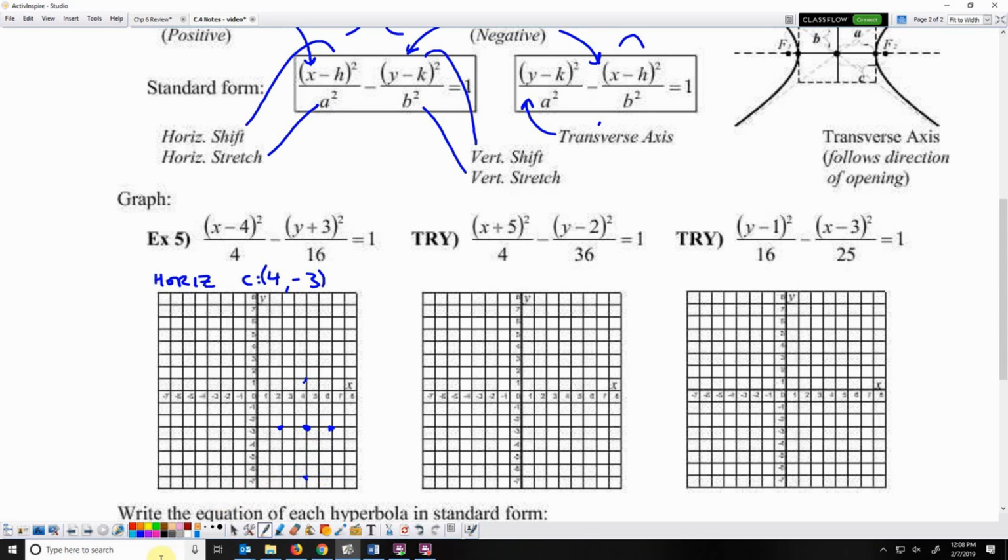Okay, now around that, we're going to make a little dotted rectangle. Okay, and then along those diagonals, we are going to draw a line.